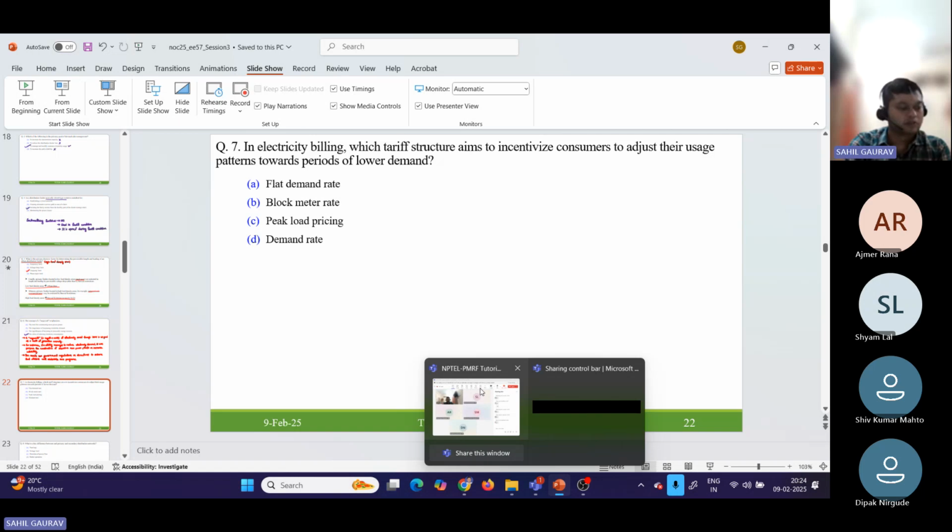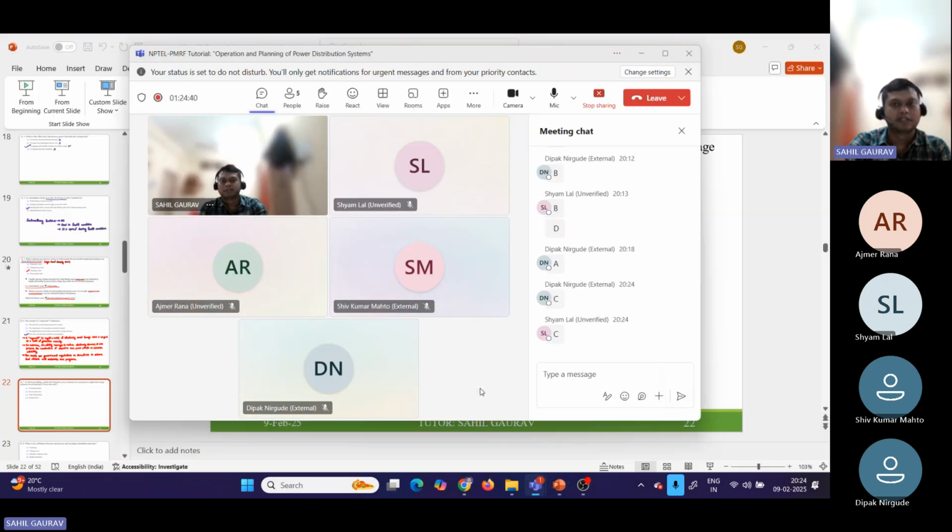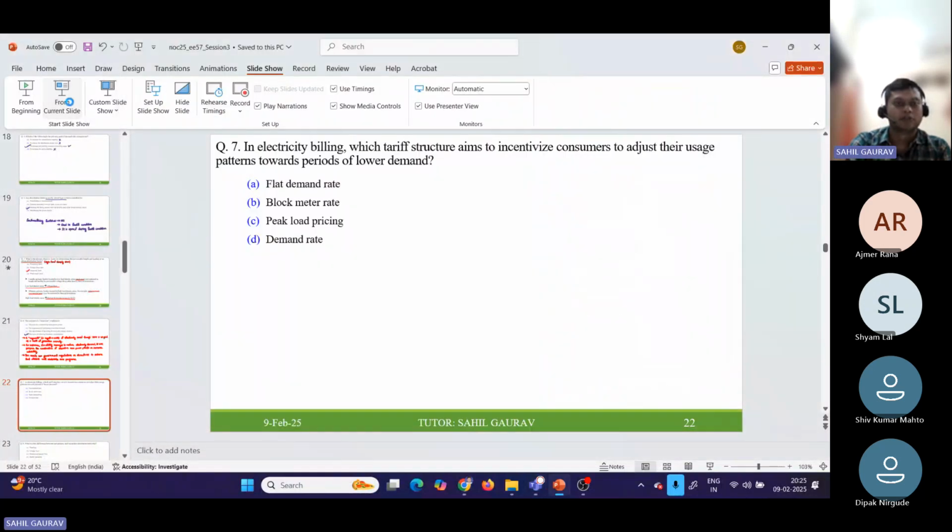I got one response. Syam is saying C. Deepak is also saying C. Yes, correct. C option is correct, peak load pricing.